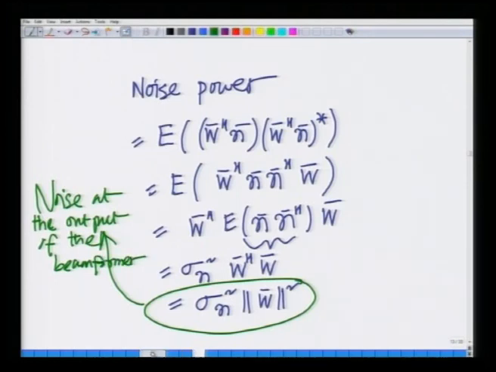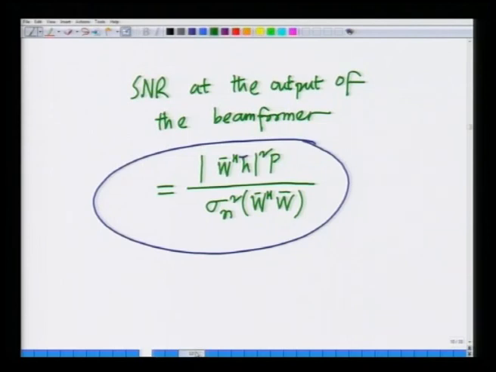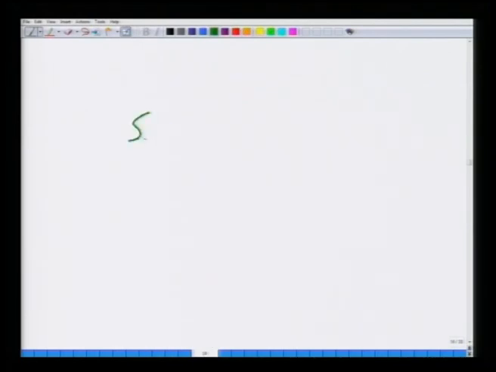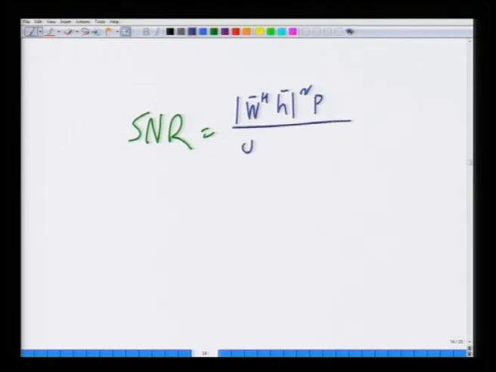Hence, the signal to noise ratio, SNR, is magnitude W bar Hermitian h bar square P divided by sigma n square W bar Hermitian W bar. This is the signal to noise power ratio at the output of the beamformer.